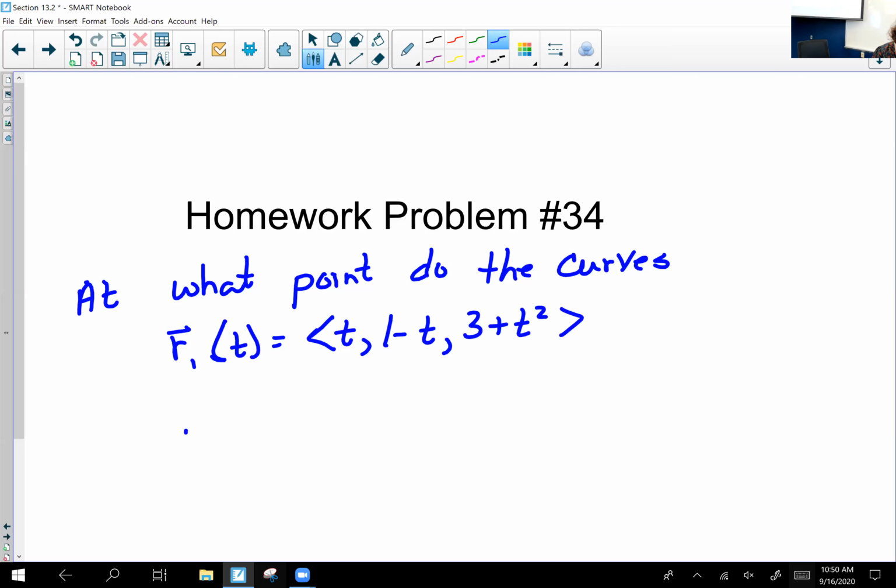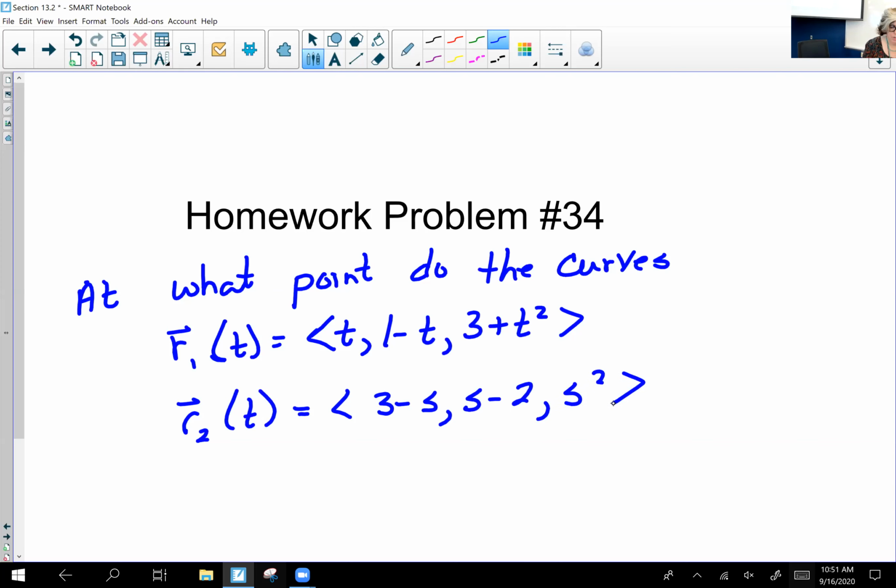And our second curve, which is R2, equals 3 minus s, s minus 2, and s squared. This should not be r of t, it should be r of s, because that is a function of s.